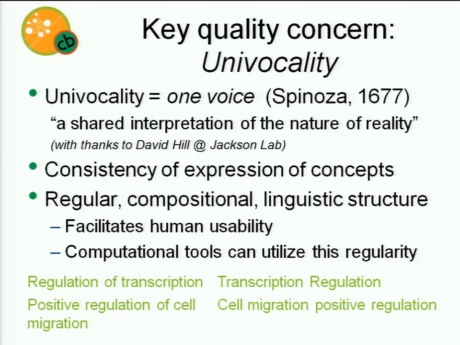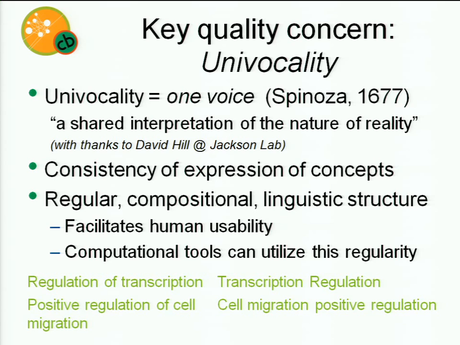So the sort of variation that one might expect to see in a large resource like the gene ontology are the examples at the bottom, where on the left-hand side we have actual gene ontology terms, regulation of transcription and positive regulation of cell migration. And on the right-hand side, we have terms which are basically syntactic variants of those terms, but are not gene ontology terms.